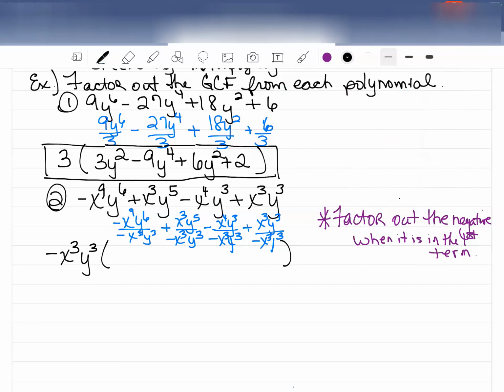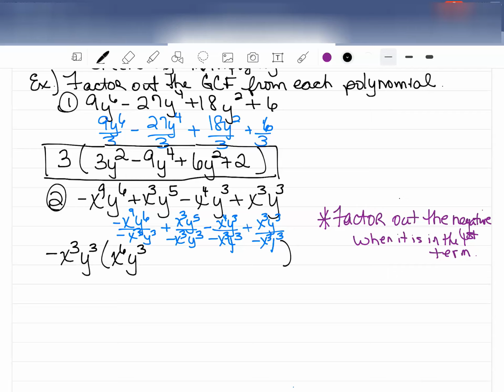A negative divided by a negative is going to give me a positive, as my first piece to write inside the parentheses. X to the 9 divided by x cubed is going to give me an x to the 6. A y to the 6 over a y cubed is going to give me a y cubed.